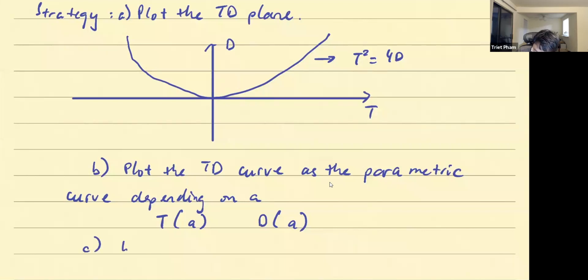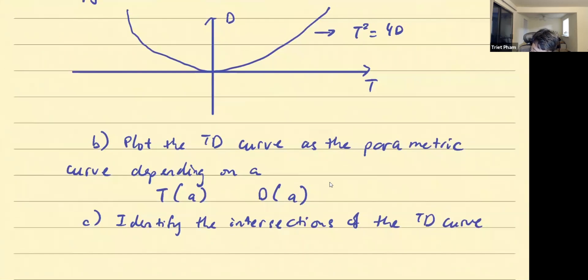And then C, identify the intersections of the TD curve with the critical boundaries.